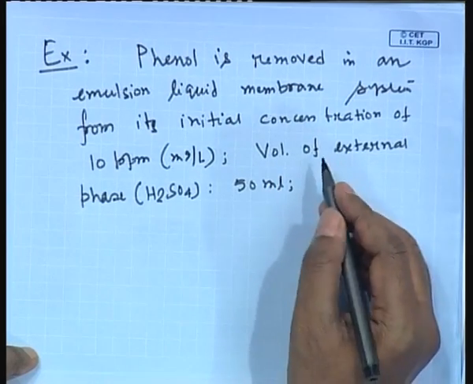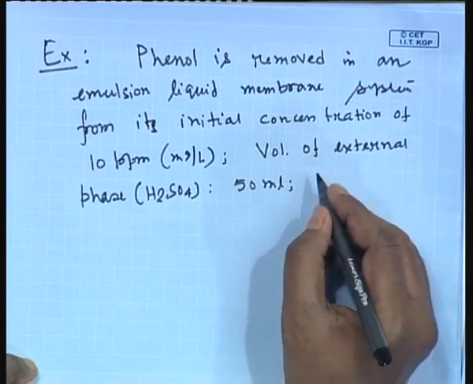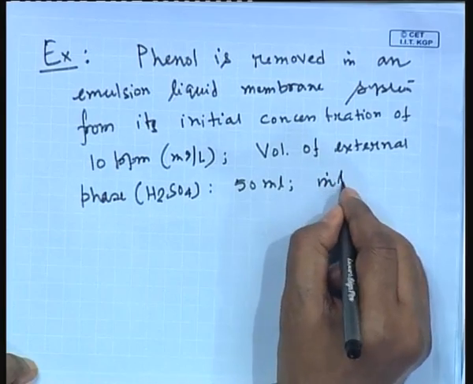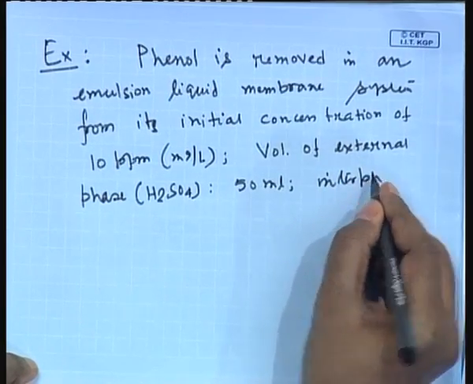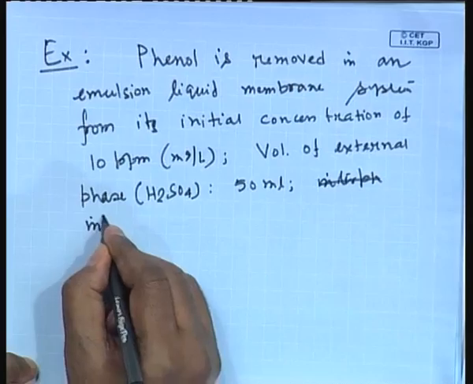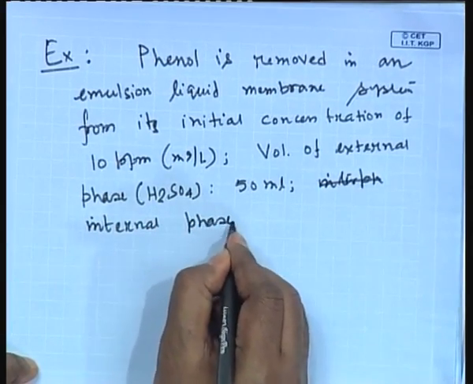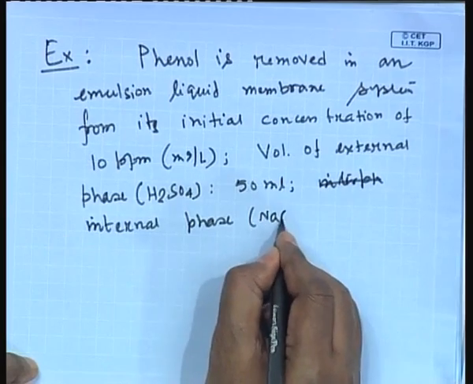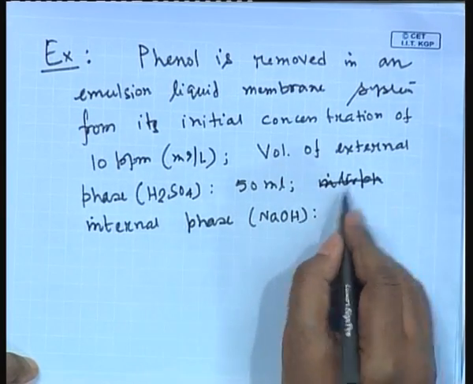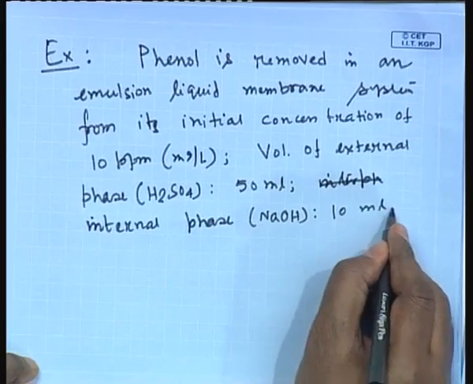Okay. We started with 50 ml, and that of the internal phase, that is NaOH, is 10 ml. Okay.